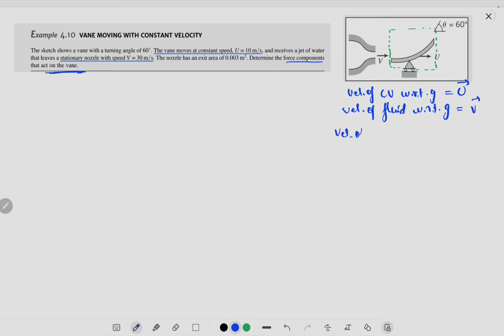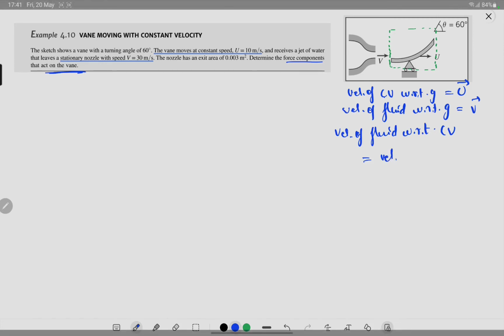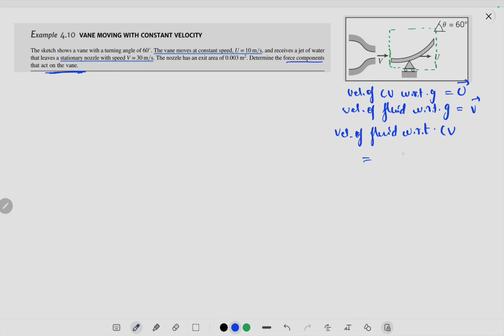So the velocity of fluid with respect to CV is the velocity of fluid with respect to ground, which is v vector, minus the velocity of CV with respect to ground, which is u vector. So Vxyz is v minus u, and that formula we derived using Reynolds transport theorem for linear momentum.